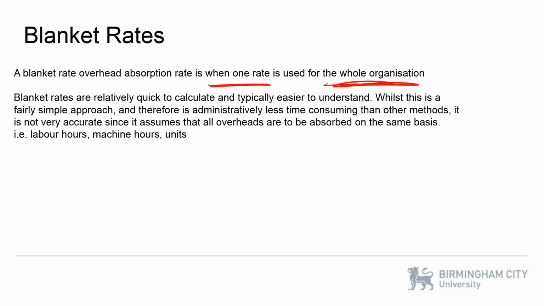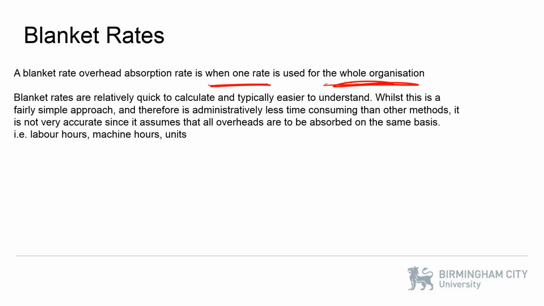Some of them could be produced by machine using a lot of machine hours. So those products that are produced by machine, an overhead absorption rate of machine hours would be suitable. But if a product is produced by hand, then an overhead absorption rate of labour hours is more suitable.